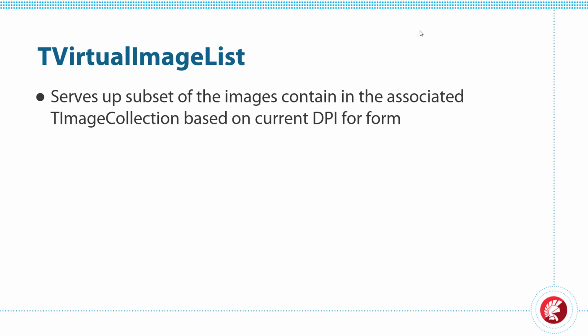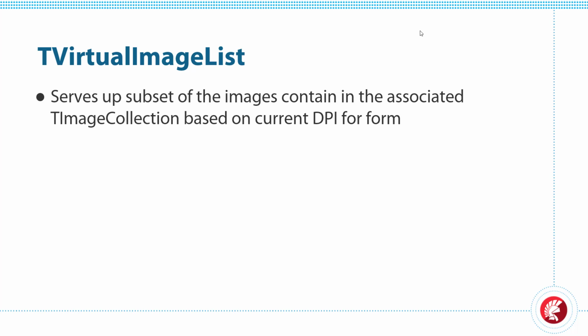The corresponding component to your image collection is the TVirtualImageList, and it's designed to connect to an image collection and extract out of it a subset of images based on the current DPI for the current form.